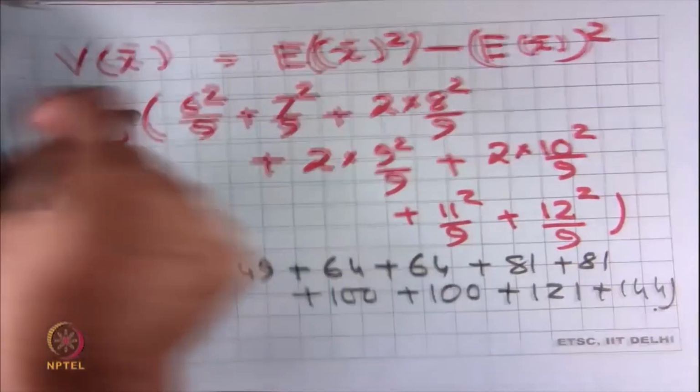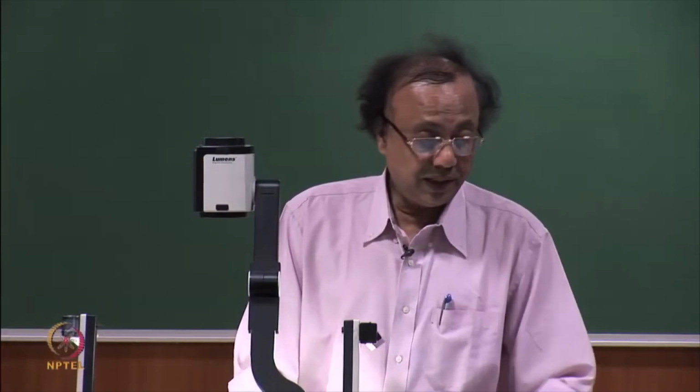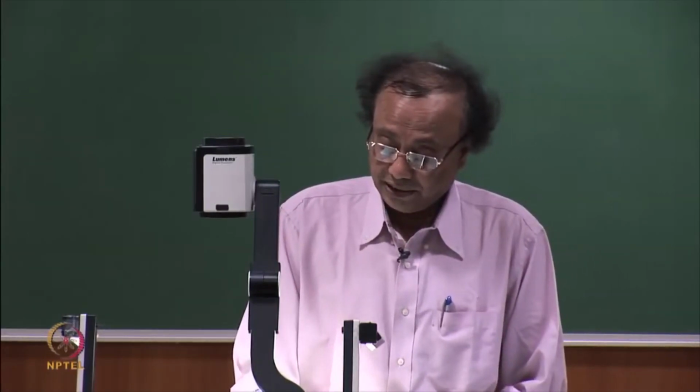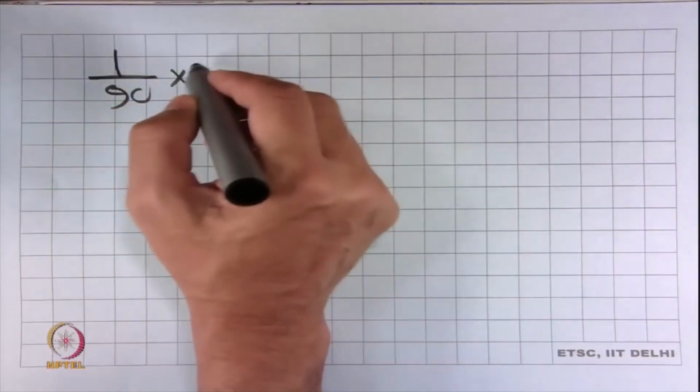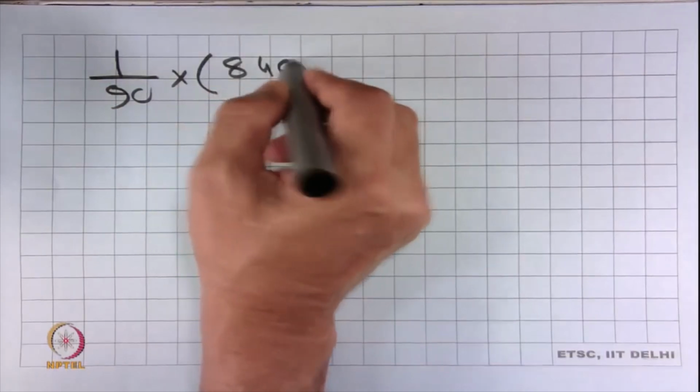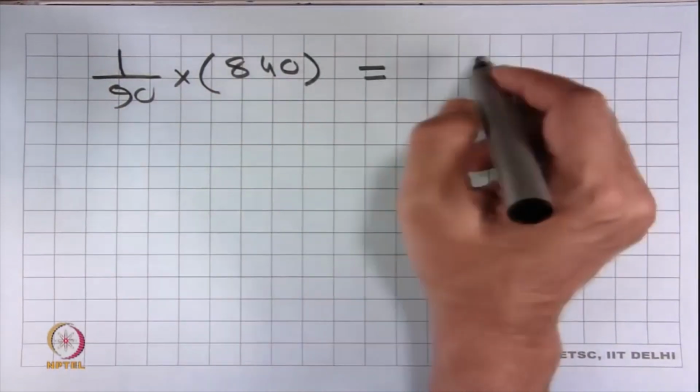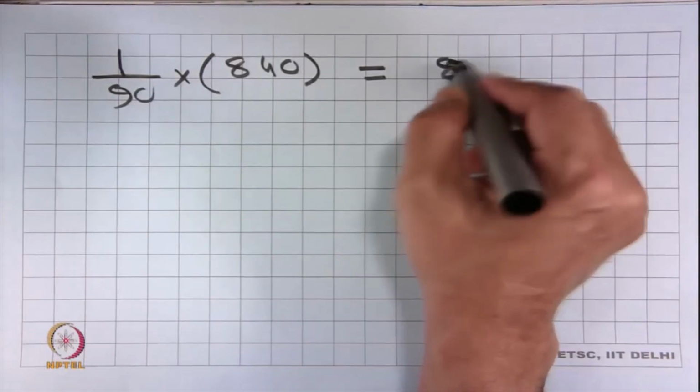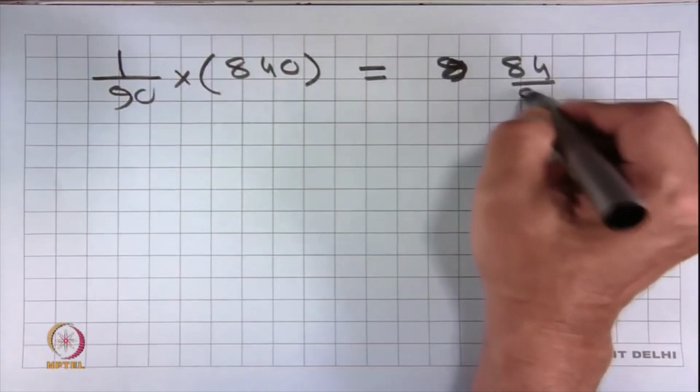This is equal to, if you calculate, 1 upon 90 into 840, which is 84 by 9.